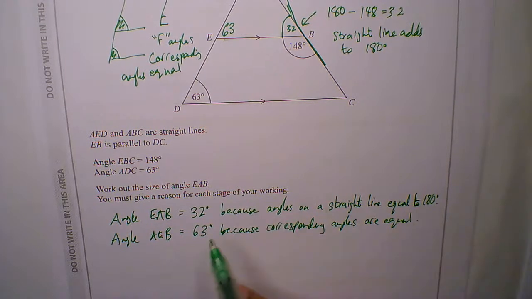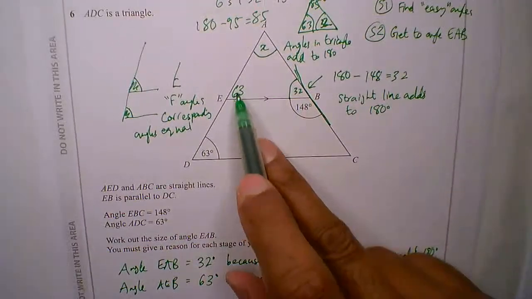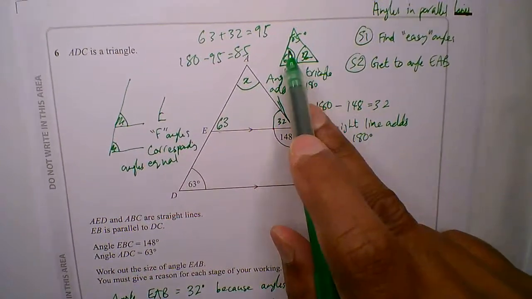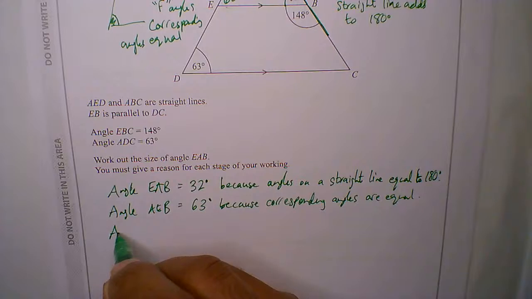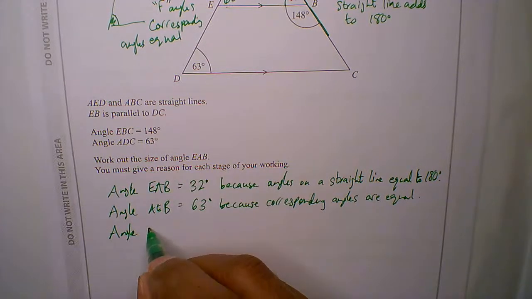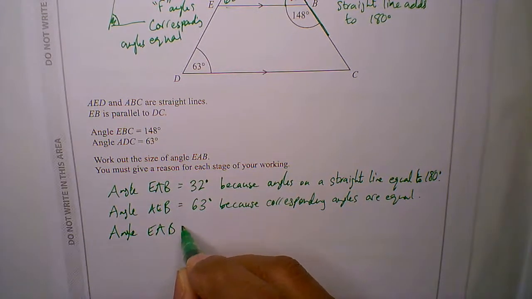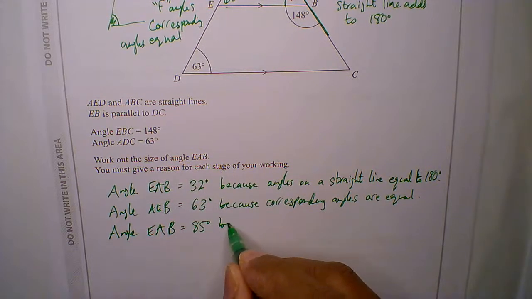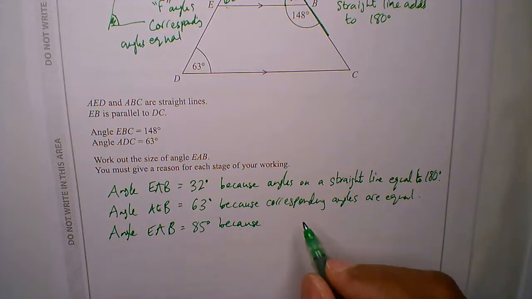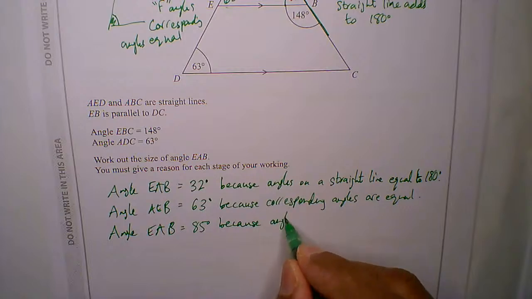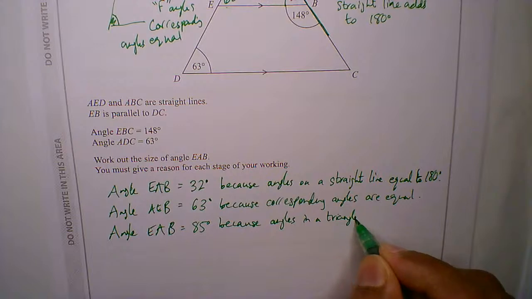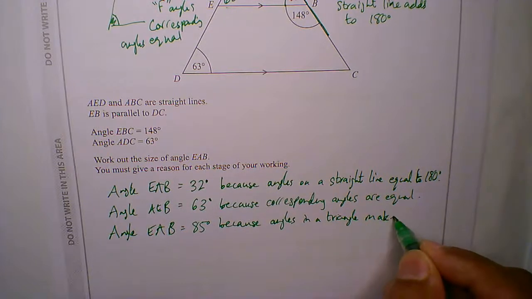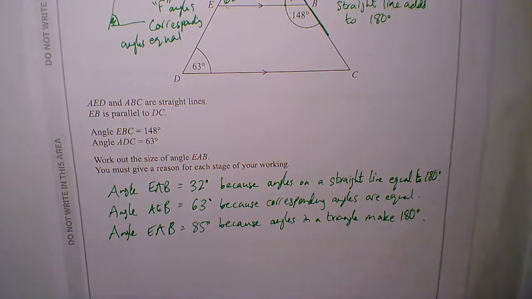And then the last one I've got is EAB. EAB was 85 degrees because angles in a triangle add up to 180. Angle EAB equals 85 degrees because angles in a triangle make 180 degrees.